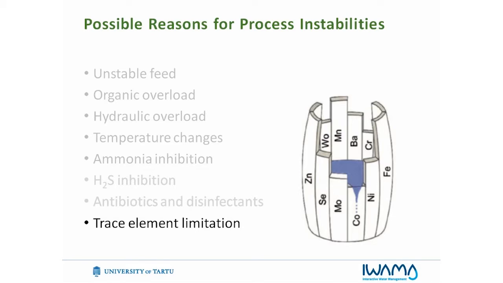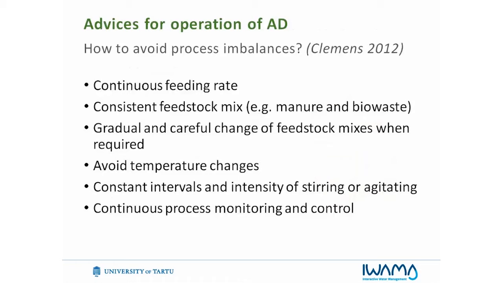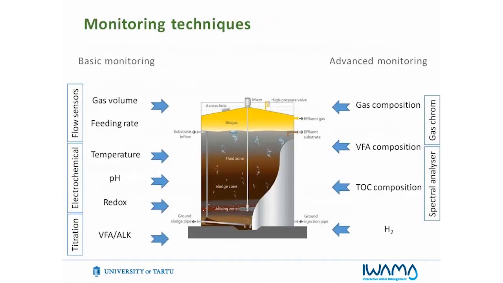If we start to increase co-digestion and increase some very specific substrate, which gives us lots of biogas, the lack of trace elements leads to operational problems like accumulation of fatty acids and so on. And how can we measure that?